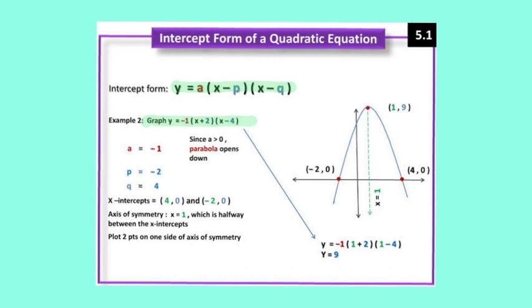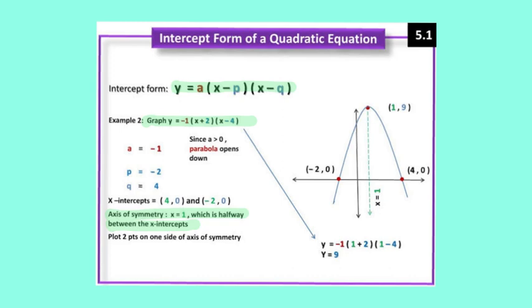The line of symmetry, when written in the intercept form, is halfway between the x-intercepts. So in this case, halfway between minus 2 and 4 is 1. So the axis of symmetry is at the equation x equals 1. Therefore, the vertex is at x equals 1.